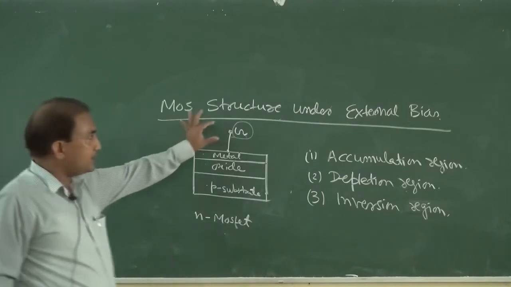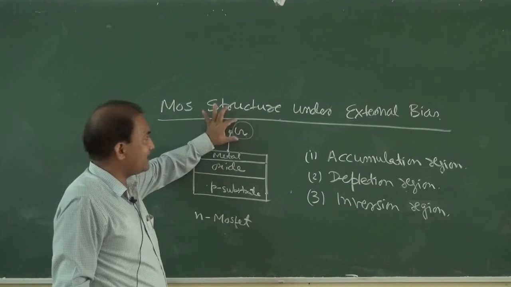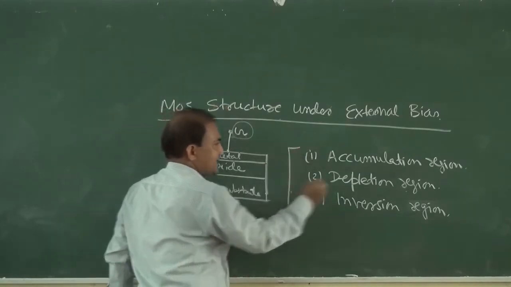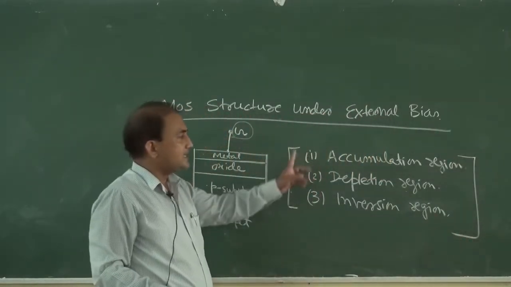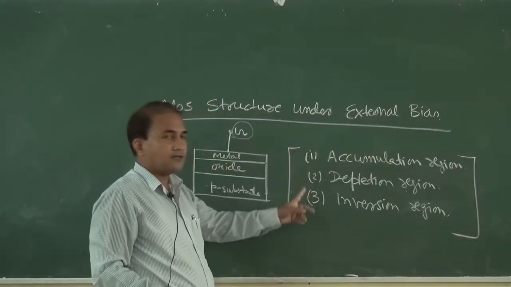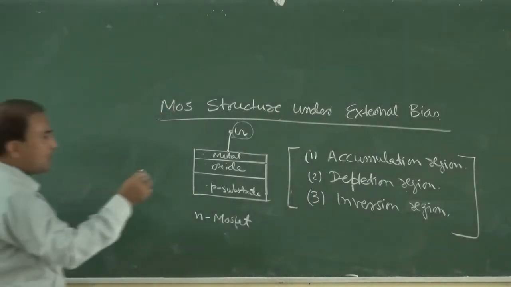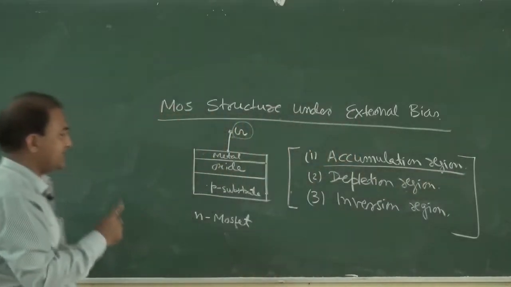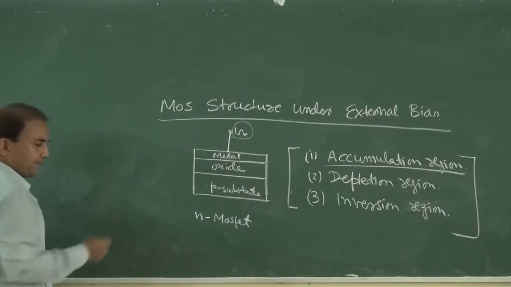Now, depending upon the application of voltage at the gate terminal, three types of regions are created. First region is accumulation region, second one is depletion region, and the third one is inversion region. First, how is the accumulation region created in case of N-channel MOSFET?